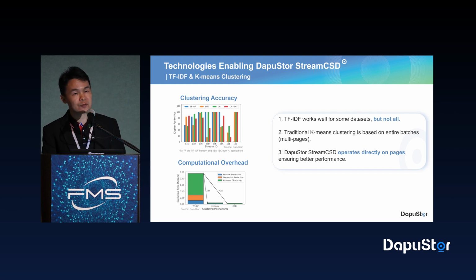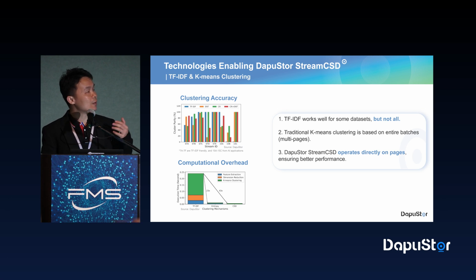So we have simulated the efficiency. You can see that if we do the TF-IDF by software, the execution time is very long. It's not acceptable. But this CSD is based on a hardware compressor, which is a basic design, so the access time is very, very good.